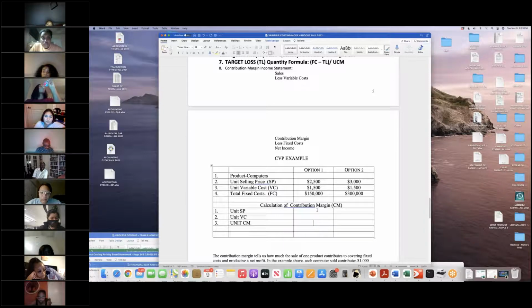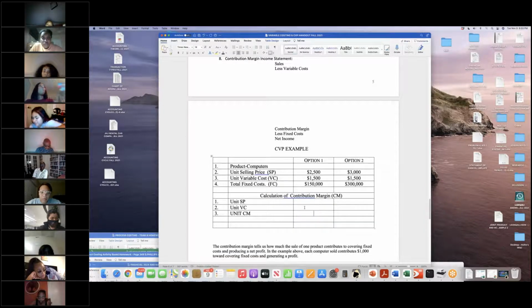Now, if I want to calculate that contribution margin, I have to do it on a unit basis. So I'm going to go with 2,500 as the selling price, a variable cost of 1,500, just the variable cost. And so my unit contribution margin is $1,000. That is, every time I sell a computer, I have $1,000 going toward these fixed costs of $150,000.